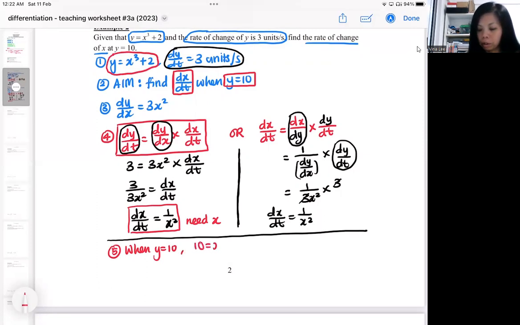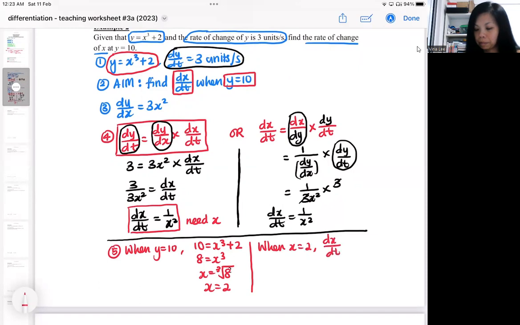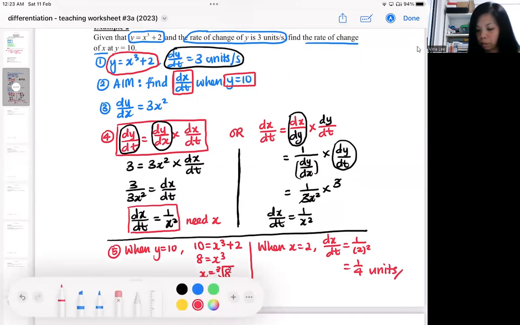So you use the relationship between x and y to find the value of x. And when you get the value of x, you put it into dx dt. So it will be 1/4 units per second.